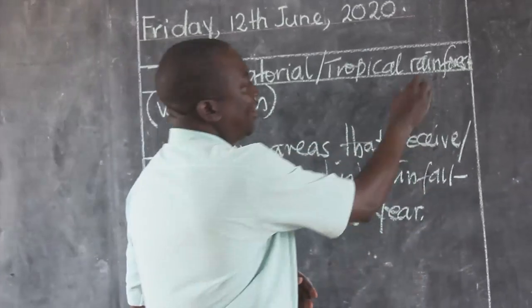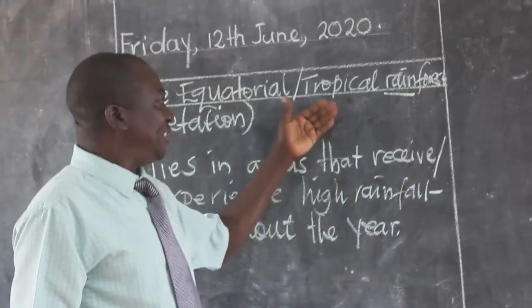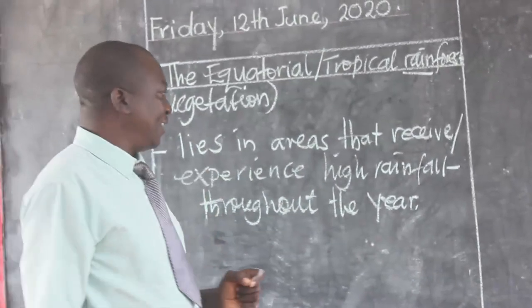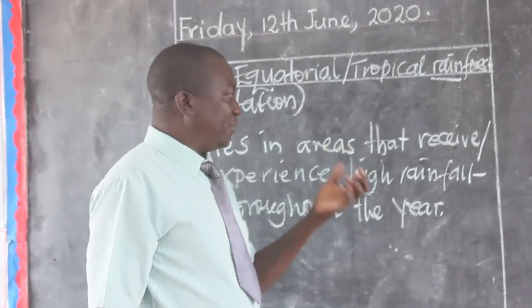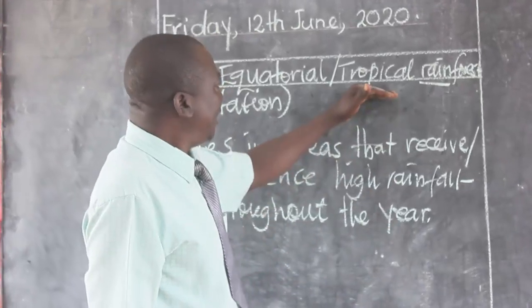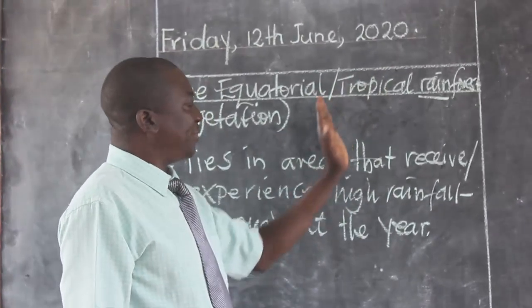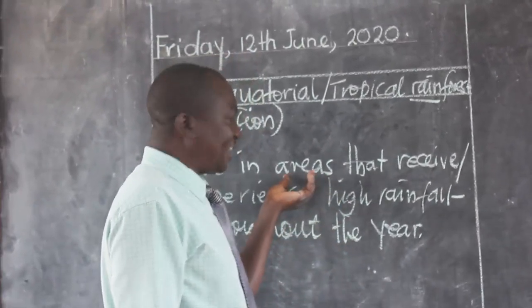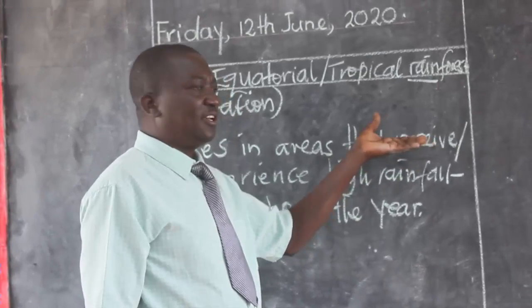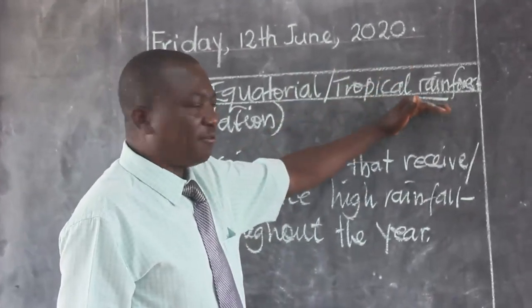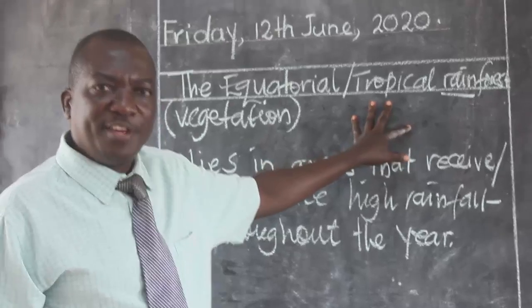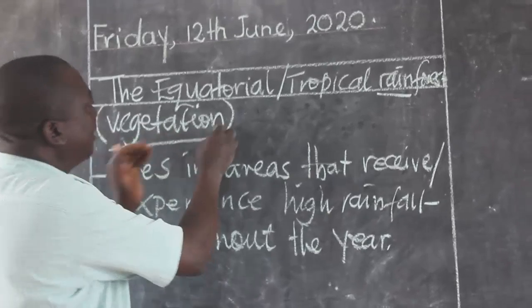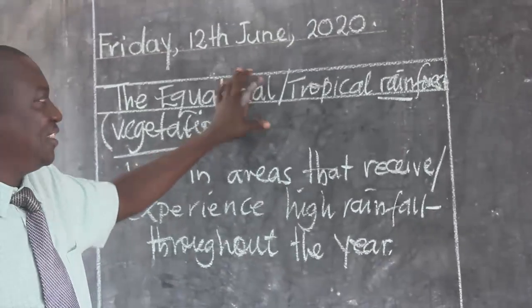I think you can even see the word rain, meaning that the area receives rainfall throughout the year, and this rainfall is in plenty. So here, what are we looking at? From the characteristics that we shall put down, you are going to realize that really these areas receive plenty of rainfall, and it is this rainfall that is making this type of vegetation to exist in the area.